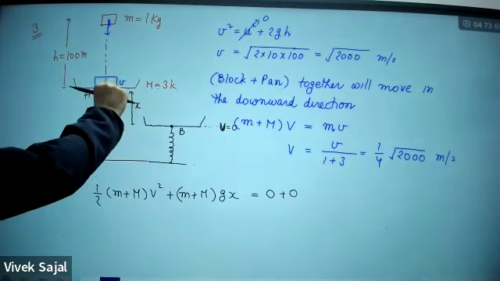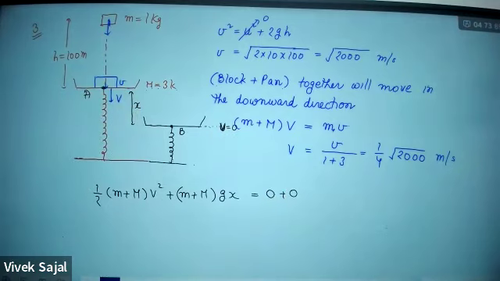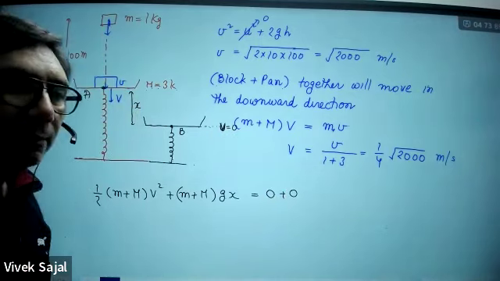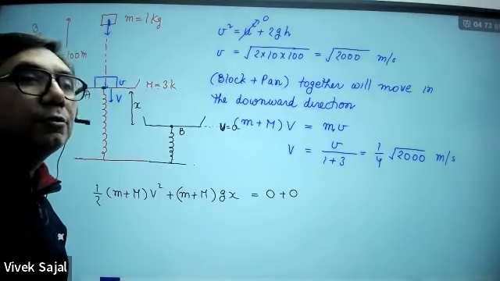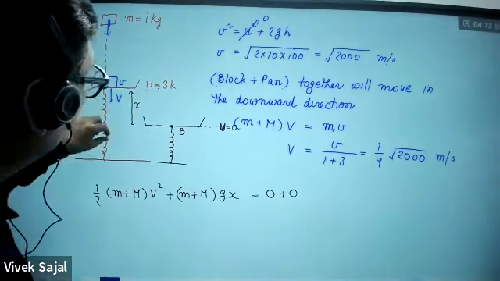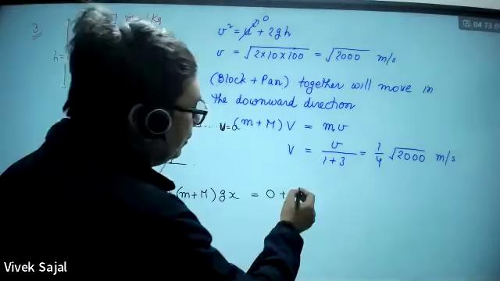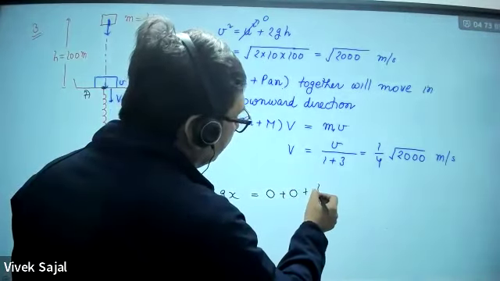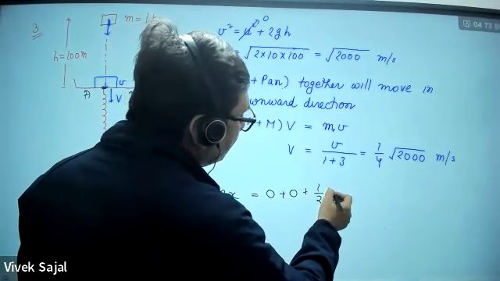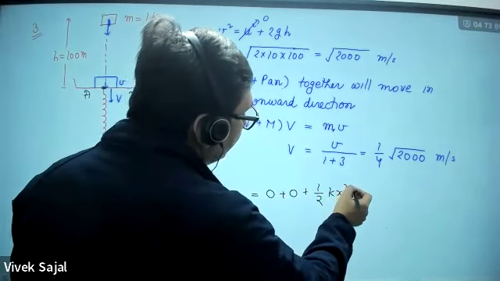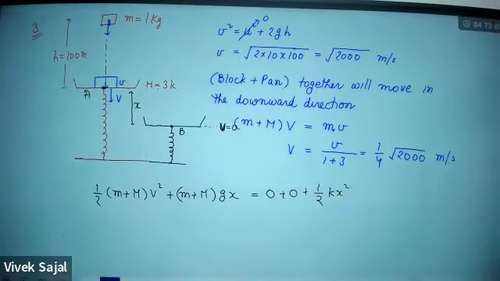But whatever energy was there here will convert into the potential energy stored in the spring, because the spring is compressed by a distance x. So this will be 1 by 2 kx square.